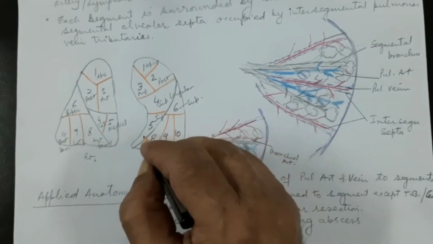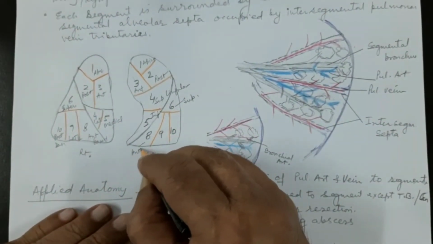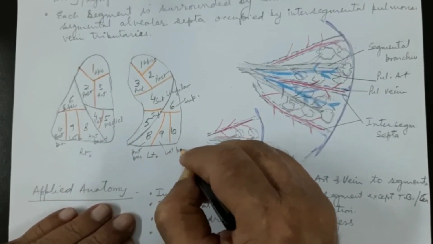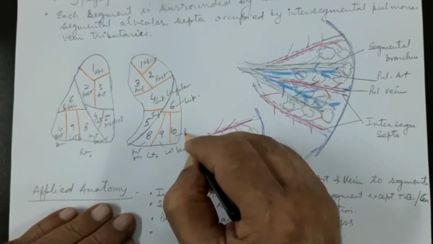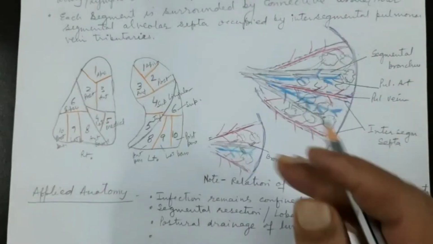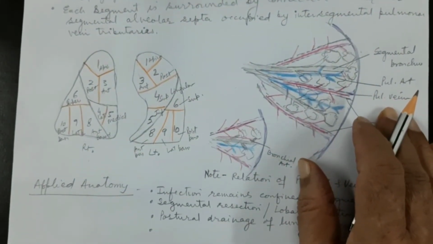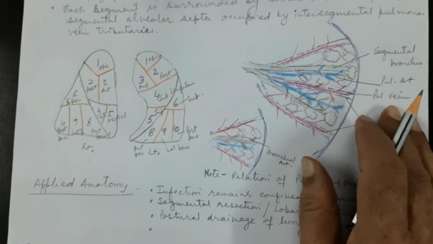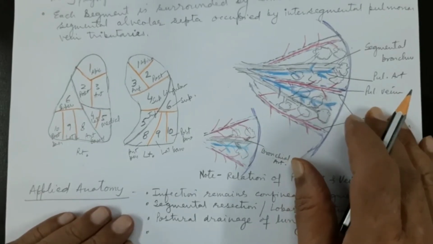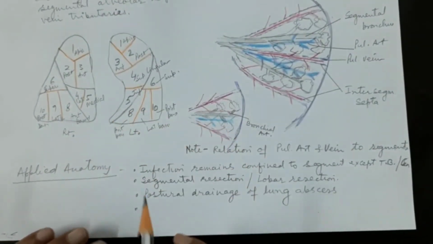In the similar way you can divide the 8th as the anterior basal, 9th the lateral basal, 10th the posterior basal segment, and 7th is inside on the medial surface, just below the root of the lung, so that will be the medial basal. So these are the 10 bronchopulmonary segments in each lung.